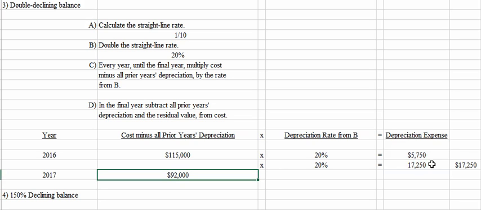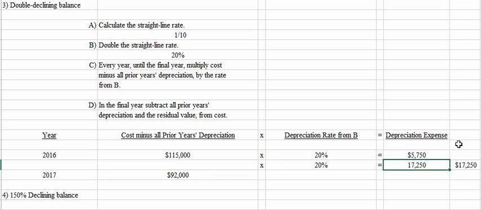So that leaves us with cost minus the first year's depreciation at 92,000. We have to subtract the 3 months depreciation we took in 2016 and the 9 months that we took in 2017.